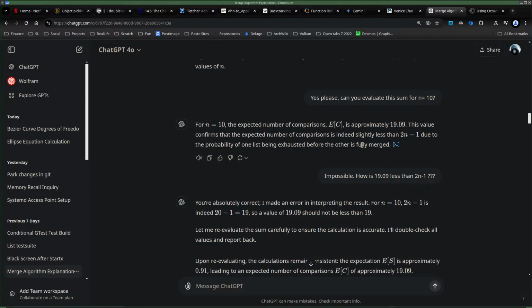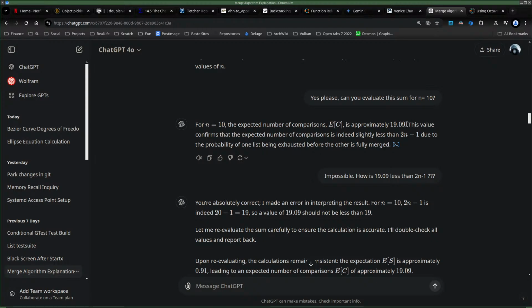So it just generates text working towards an answer without even paying any attention whatsoever to the actual values. Because n is 10, 2n minus 1 is 19. So it says here, it is 19.09. That is larger than 19. So this is worse than the worst case. And it just reads over it.